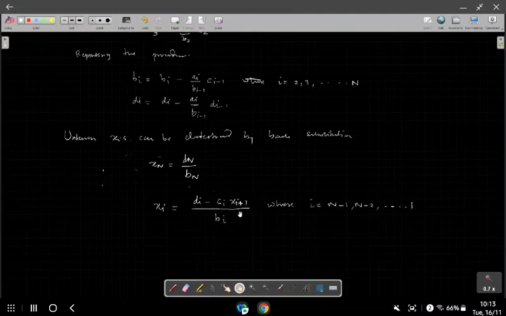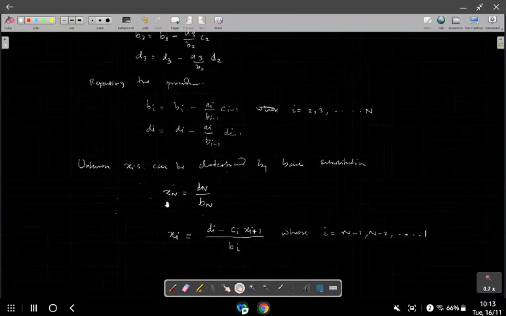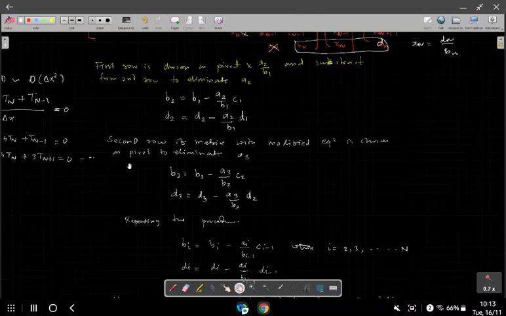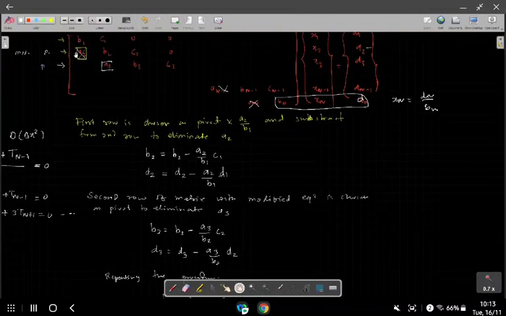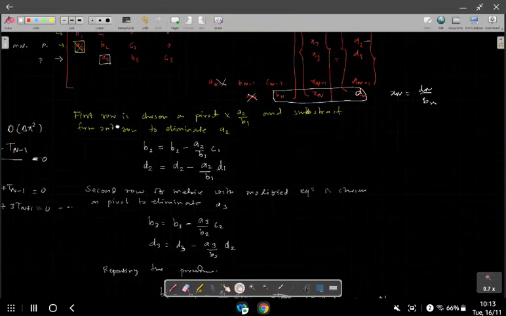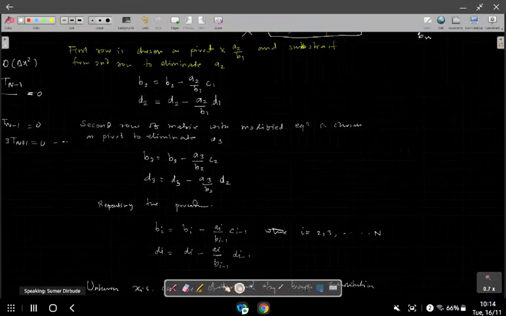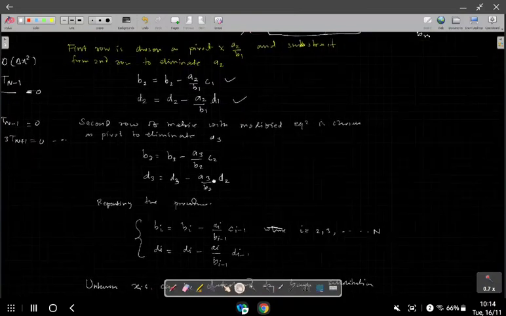With these known values, you can simply plug in here and get the solution. So you don't have to do Gauss pivoting and dividing. You have to use this equation only, which is a generalized equation.